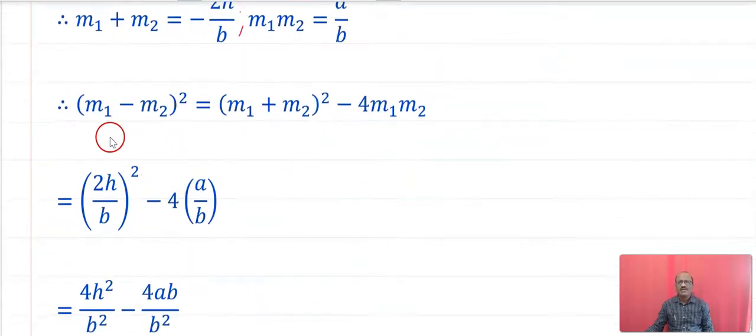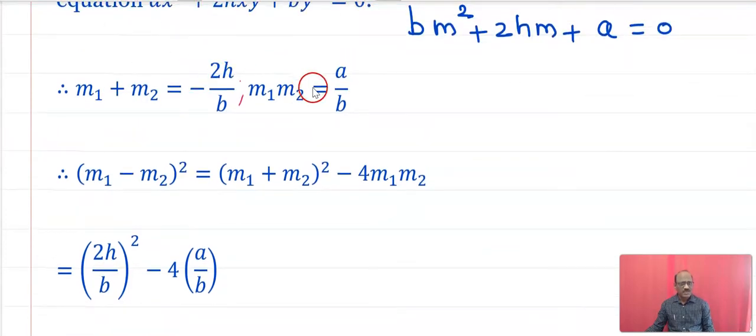And from algebra, we know that (m1 minus m2) whole square is equal to (m1 plus m2) whole square minus 4 times m1 into m2, because we want to find the value of m1 minus m2, and we know the values of m1 plus m2 and m1 into m2, and using these we can find m1 minus m2.